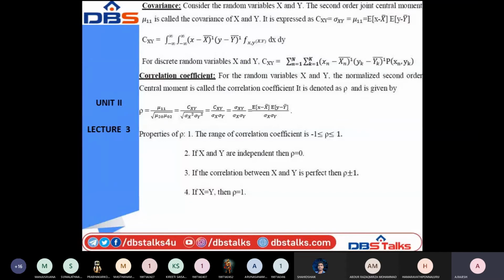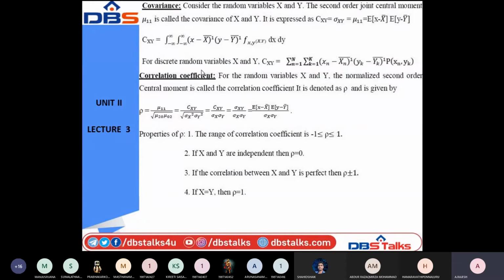Coming to discrete random variables, for example, taking values from small n to capital N, 1 to capital N, the covariance will be like this.